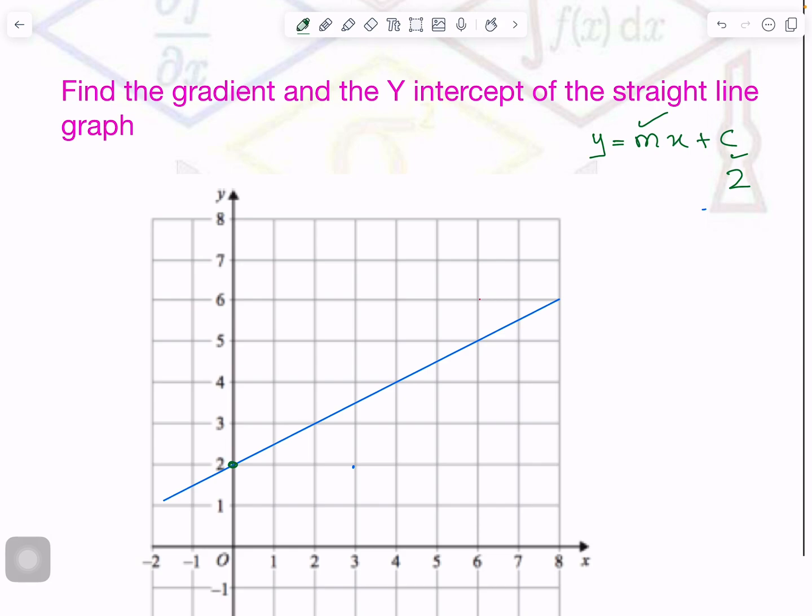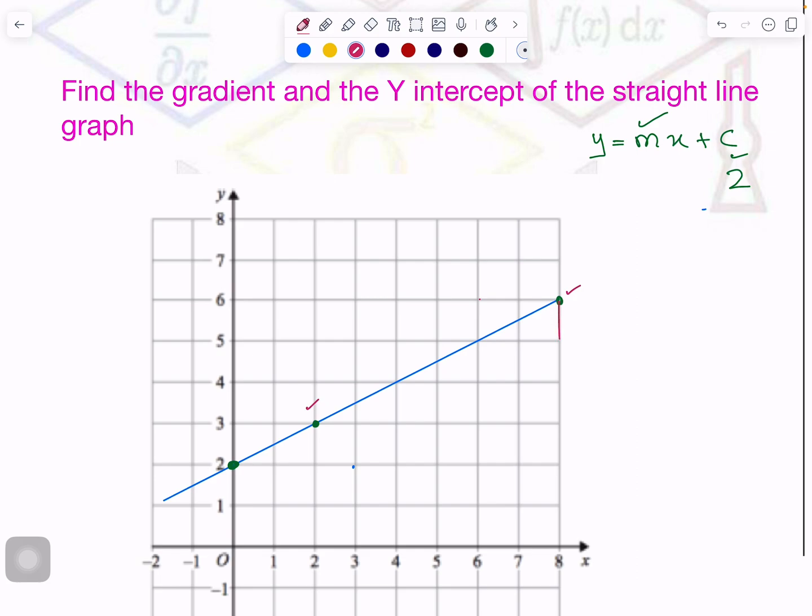To find the gradient, you have to pick up any 2 points on the line which you can read properly. So for example, if I see here, I can read this point clearly, this point clearly, this point clearly. So any 2 points you pick up. For example, I have picked up the first 2 points, this one and this one. Now draw horizontal and vertical lines so those lines can meet.